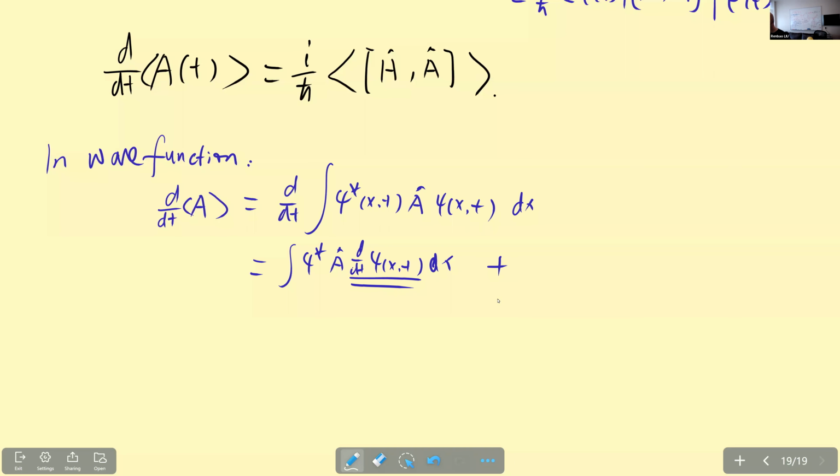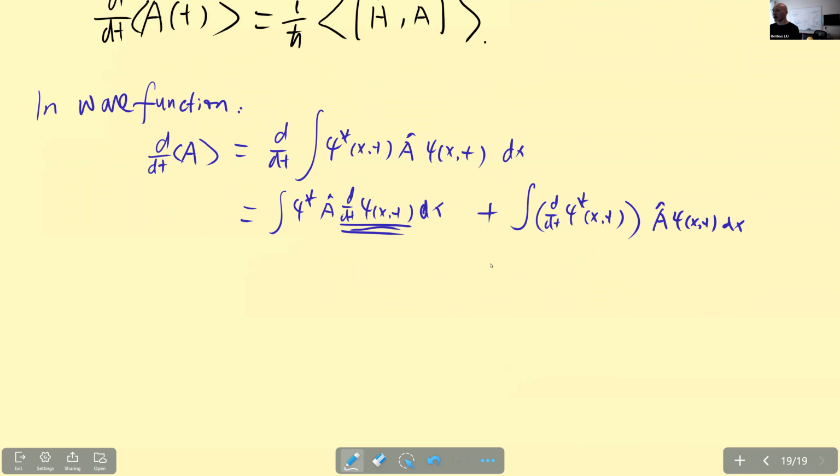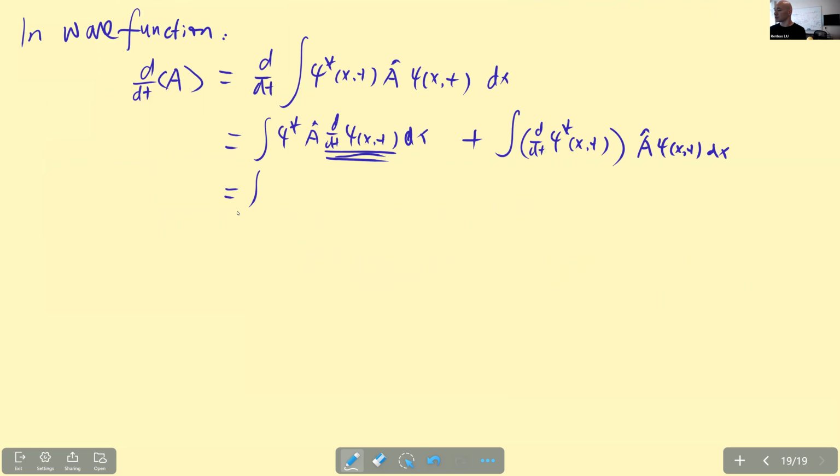And you have another term, d over dt of psi complex conjugate x,t, and a psi x,t, dx. The first one is very simple, just the Schrodinger equation. So just apply the Schrodinger equation. That equals this one and a, and this one is nothing but minus i over h bar and the Hamiltonian acting on psi x,t, dx. Okay, so you got this term.